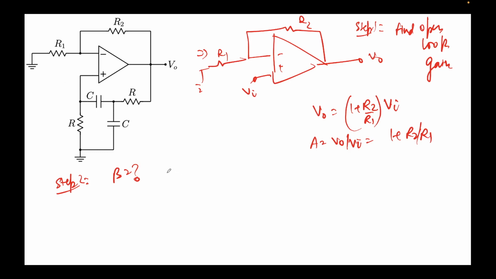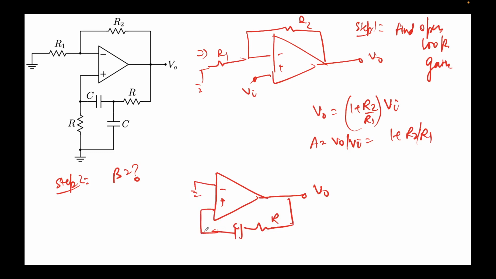The feedback network you can see over here. Let's figure that out. I'm only interested in the lower part right now, so I'll draw this circuit accordingly. Let's ground this. This is V0, this is R, C, R, and then C from here, and this is grounded, this is also grounded.